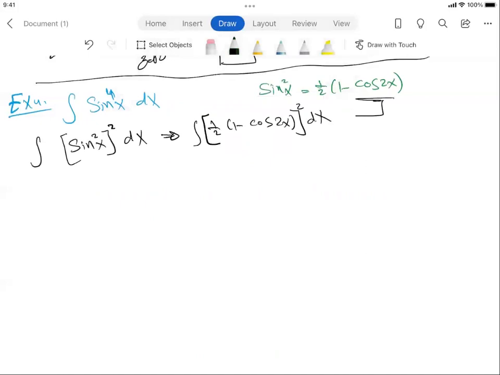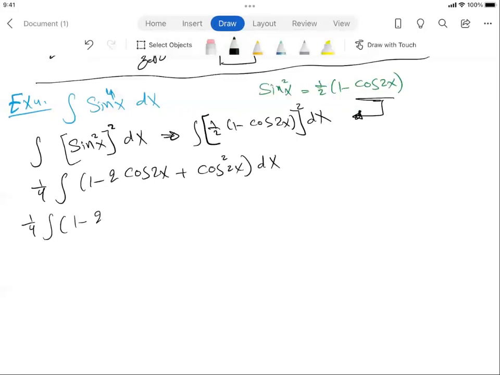I simply utilize this identity. And then it becomes 1/4 integral of 1 minus 2 cosine of 2x plus cosine square of 2x dx. I will need to apply the identity again.